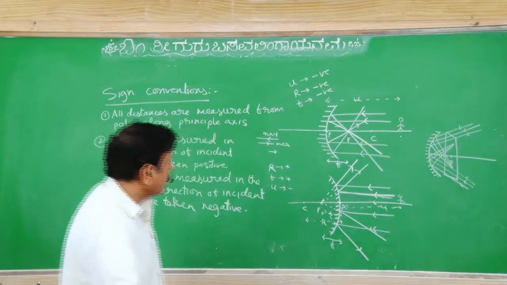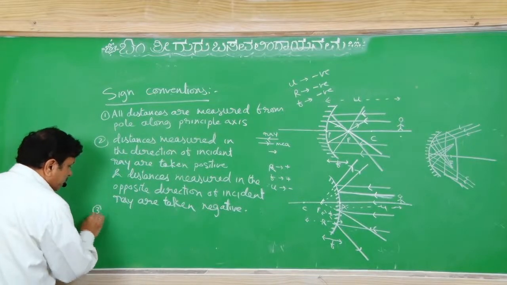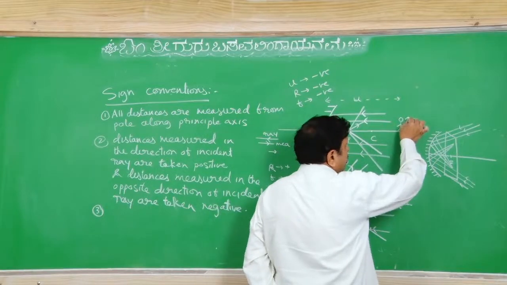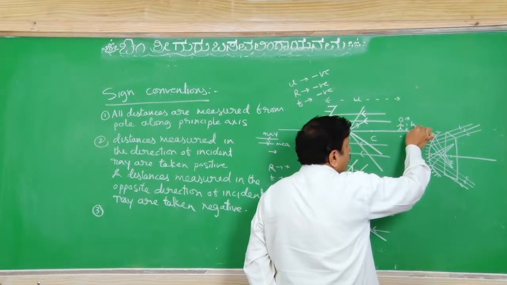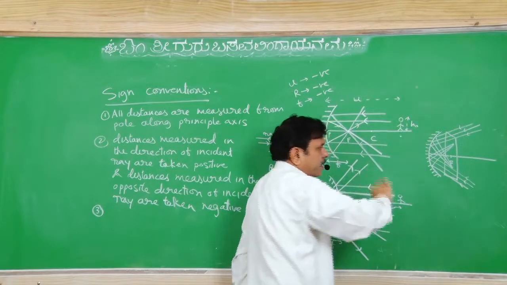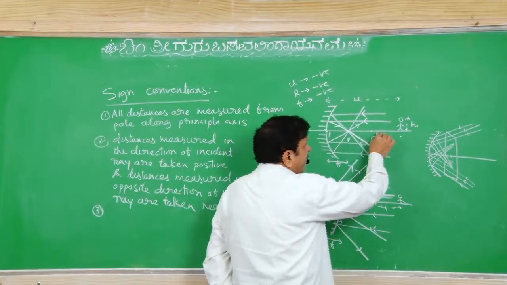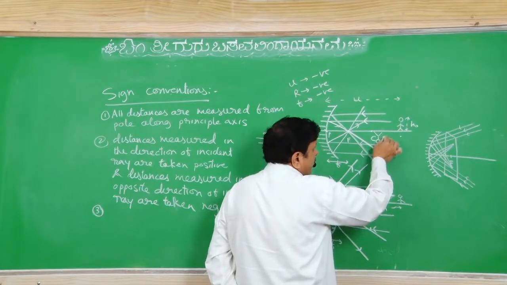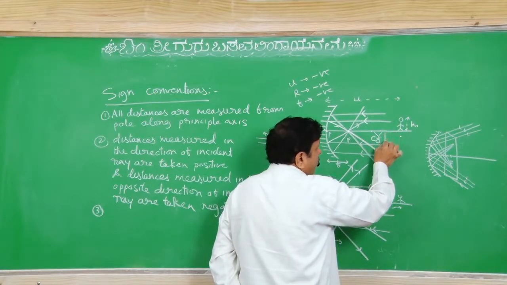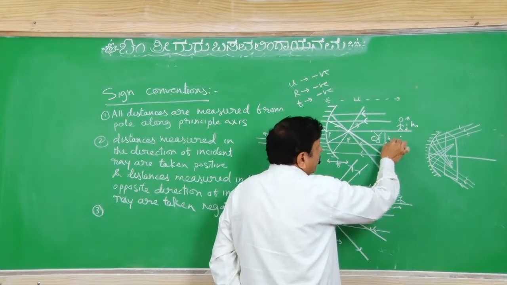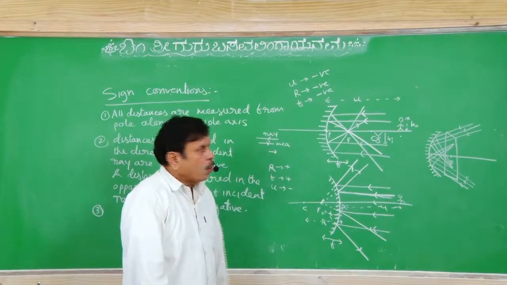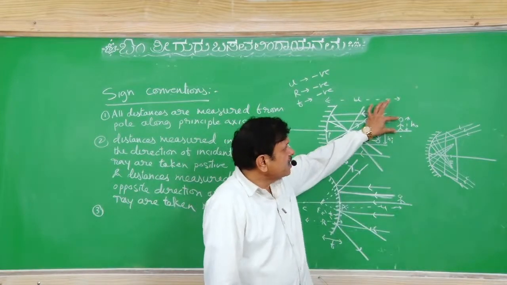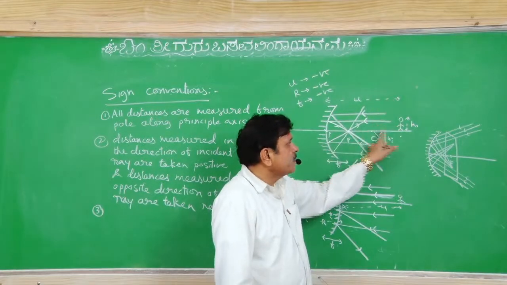Now the third point is that suppose we have got the height of the object here, HO, height of object. Say its image is formed somewhere over here, assume in this manner. It will be the height of image. Now what we do? We consider the principal axis. This distance is perpendicular to the principal axis.